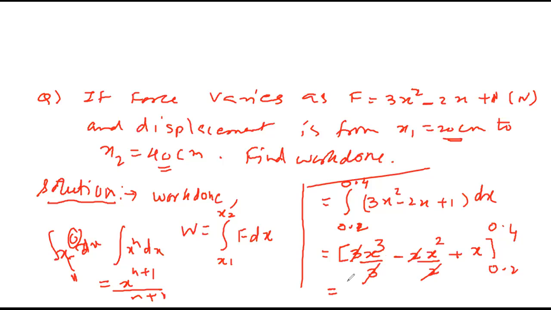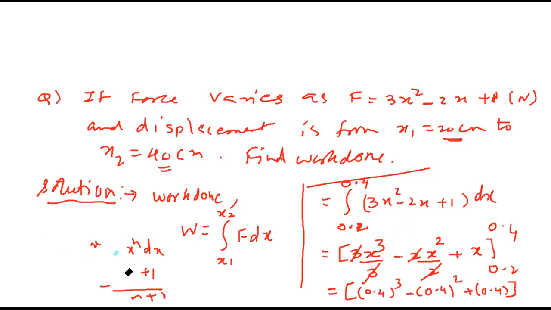After this, wherever you see the variable, first put the upper value, complete in full, then minus sign and the lower value, like this: 0.4 raised to 3 minus 0.4 raised to 2 plus 0.4. So what I did, all the upper value I substituted in place of x, which is 0.4. Now we'll put the lower value and then simplify.